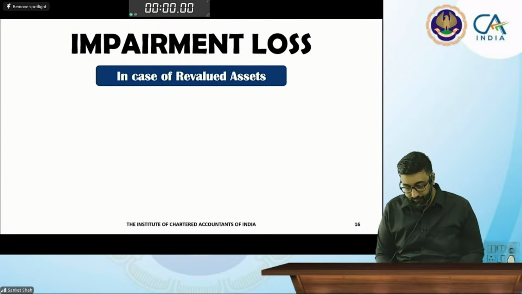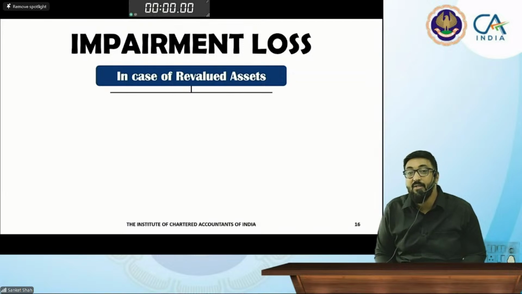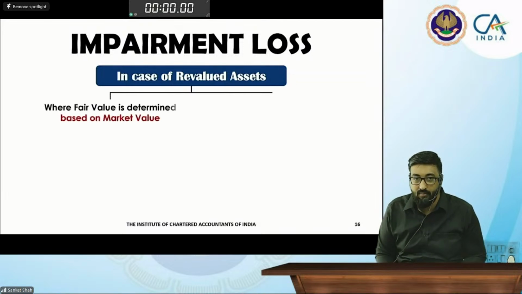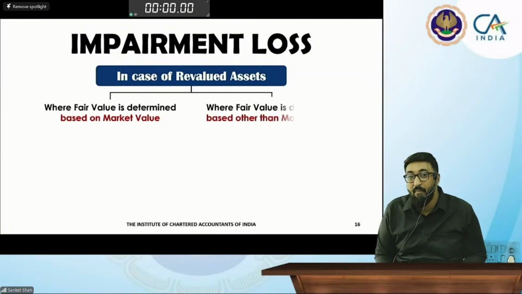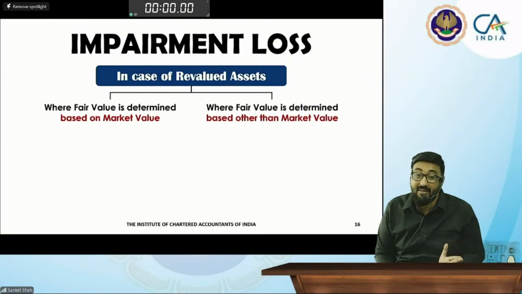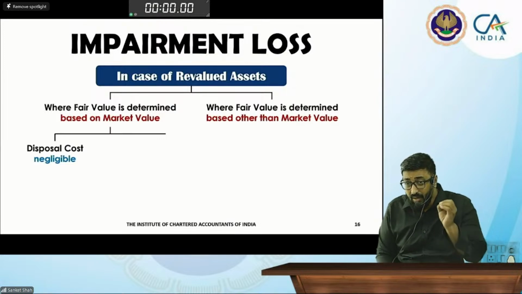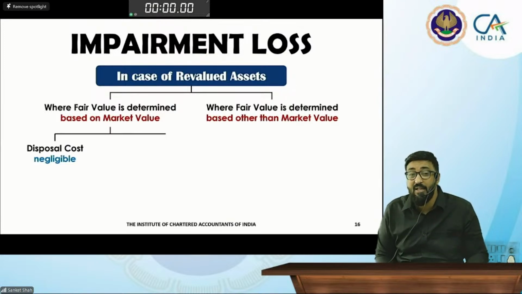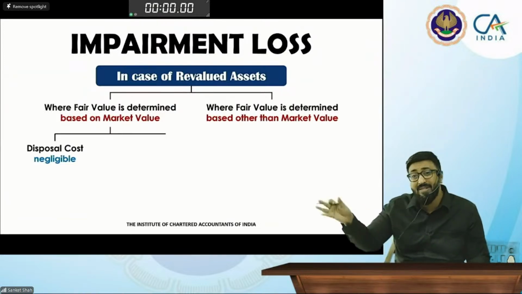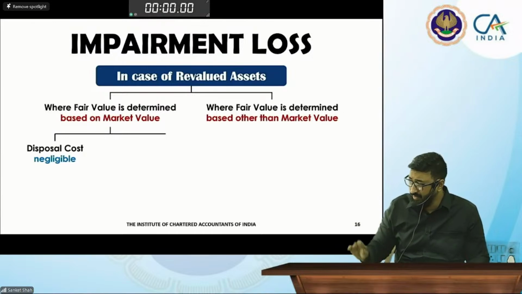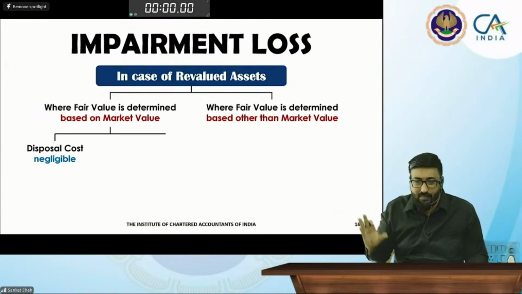Revalued asset. In case of revaluation, when fair value is determined based on the market value, and if fair value is determined on a basis other than market value, we are not taking market value in the picture. Disposal cost is negligible. Disposal cost means when you are selling your asset, you can directly sell it, you do not have to incur any selling expenses.